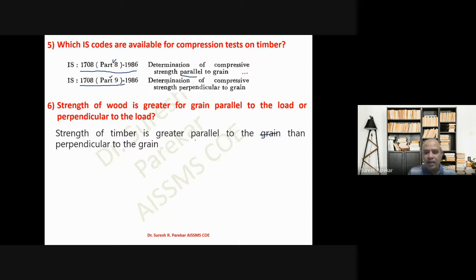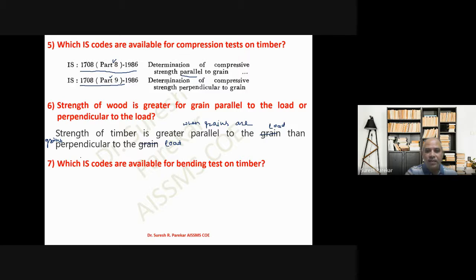So the strength of timber is greater when grains are parallel to the load than when grains are perpendicular to the load, because in our tree the direction of the grains is vertical, or we can say in that direction our timber goes on, and therefore the bond between the grains is more when grains are parallel than when perpendicular. Which IS code is available for bending test on timber?